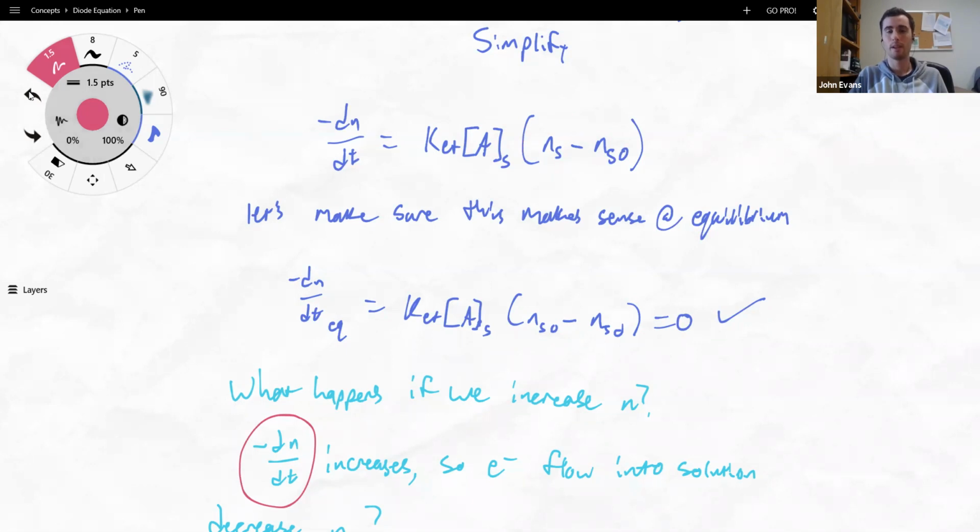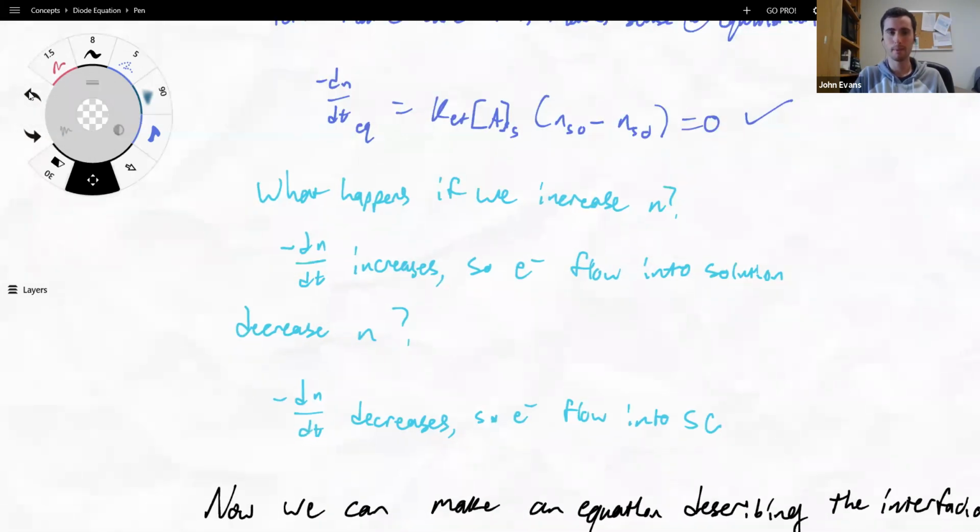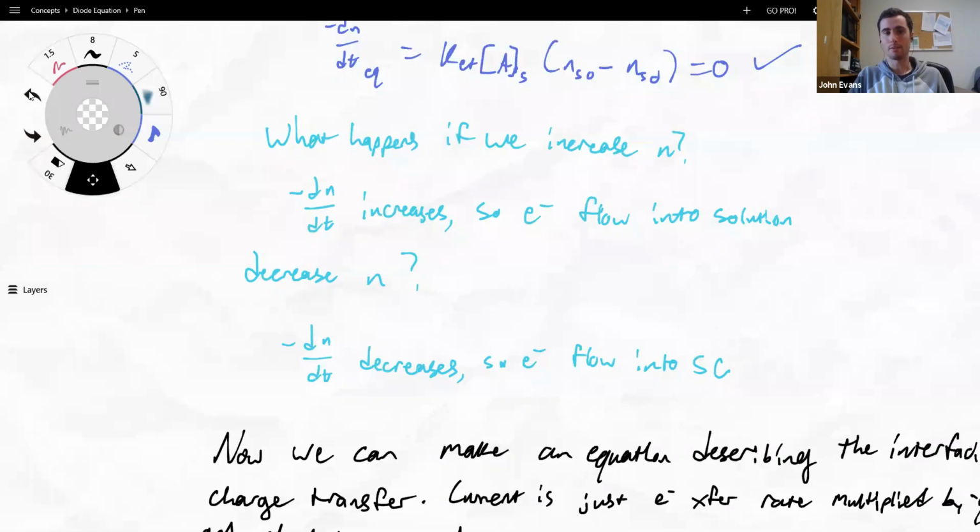So if n sub s increases linearly, then the rate of reaction is going to decrease linearly, and vice versa. If we decrease the reaction rate constant, then the rate will now increase. That shows that the rate has increased.